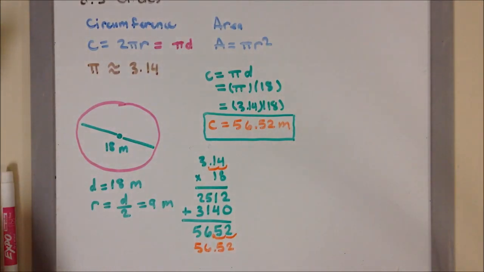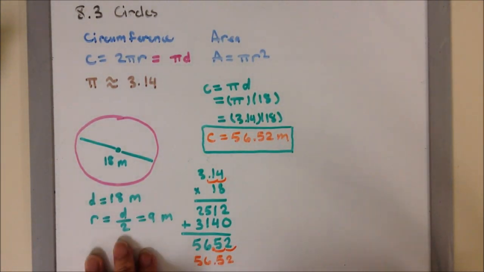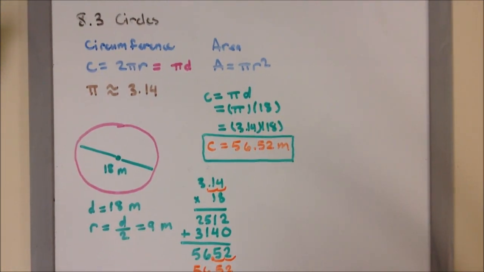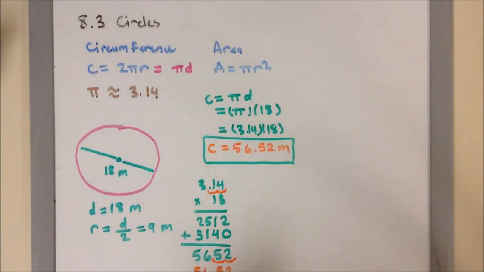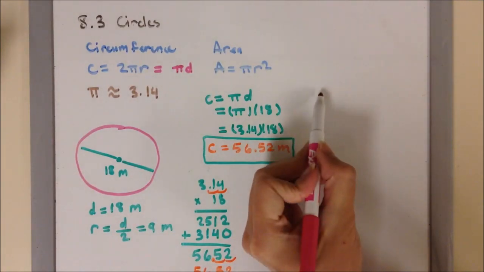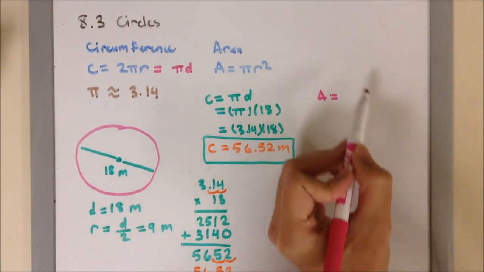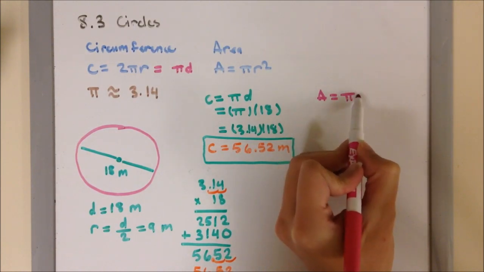For circumference. Now, say that you were asked to find area. So you would do this work to find radius in order to use a formula, because it only works if you have radius. So A equals pi r squared.